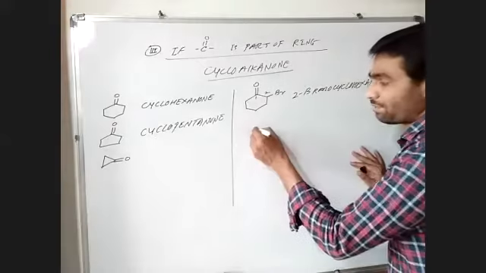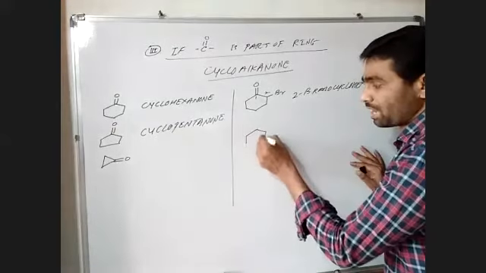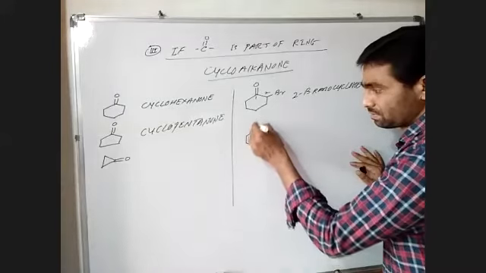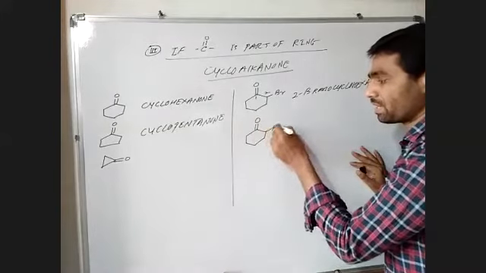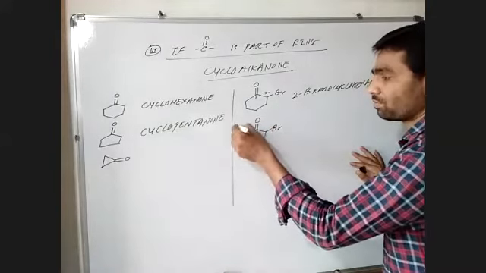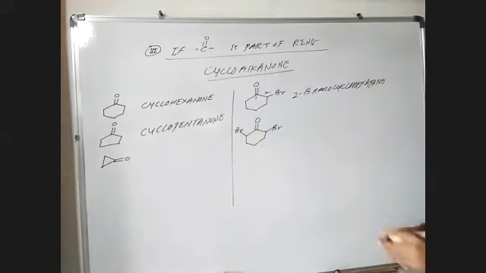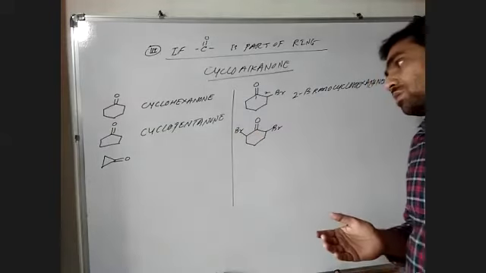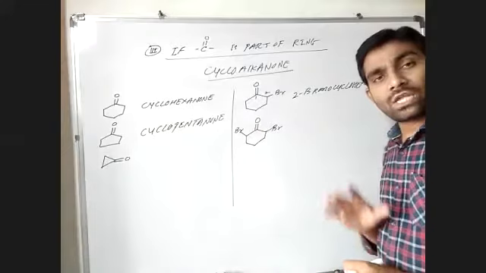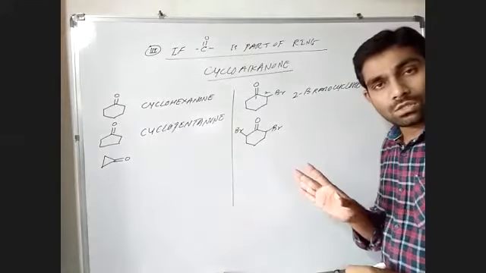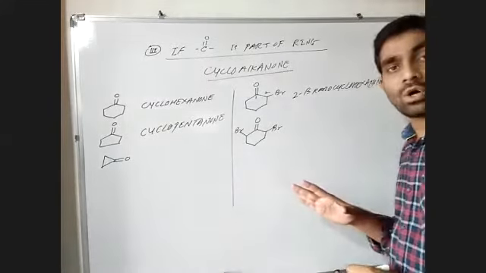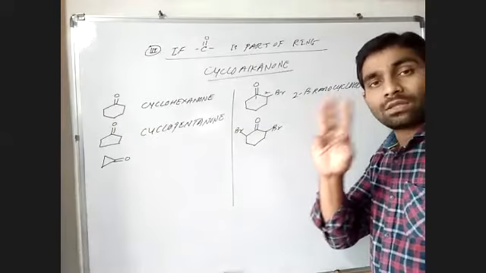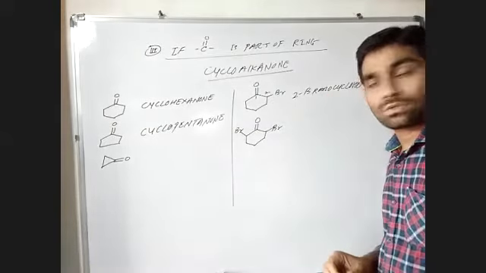Now what will happen if I use this example: one bromine here and one more bromine here. The rules will be no change at all. There are three functional groups.